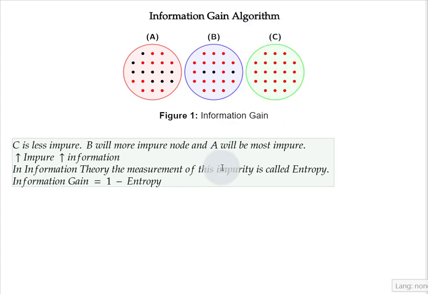Now when we talk about a decision tree, we split the tree nodes with some algorithm so that the next node will be more pure in nature, so that we can explain it in a better way.